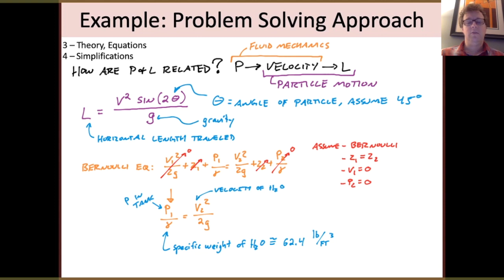That's proportional or equal to, I guess in this case, the velocity of water squared divided by 2 times that gravitational constant. So here we're pulling together both a conceptual understanding, some mathematics to describe the problem, and we're documenting the simplifications and assumptions that we're making.